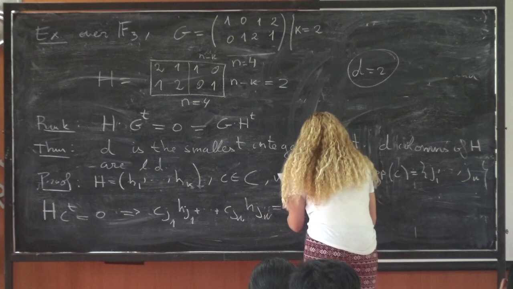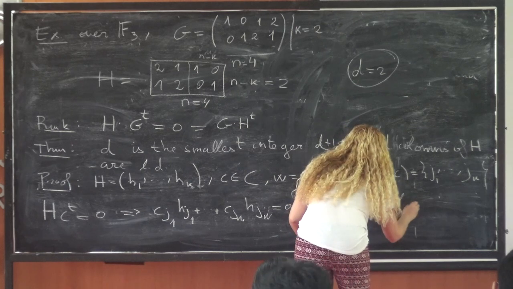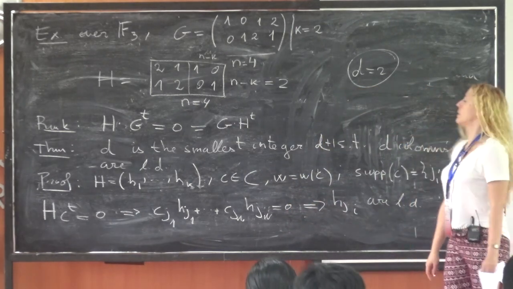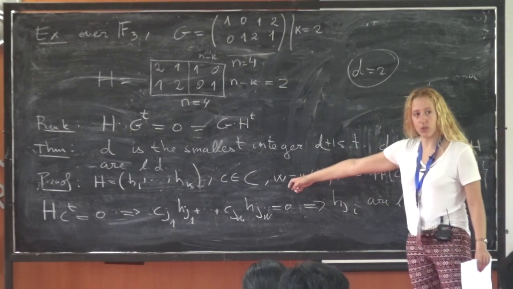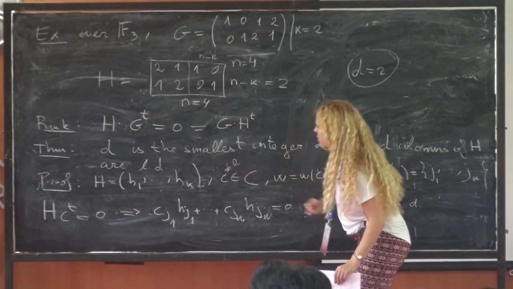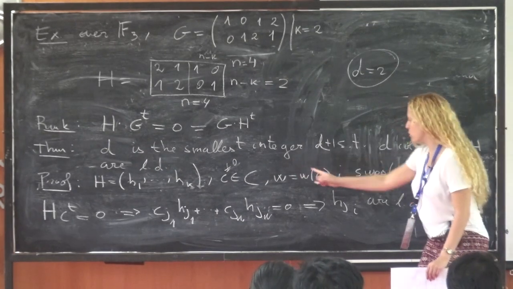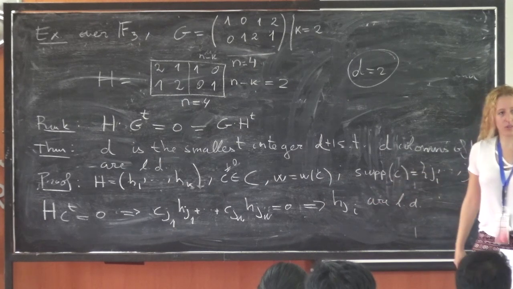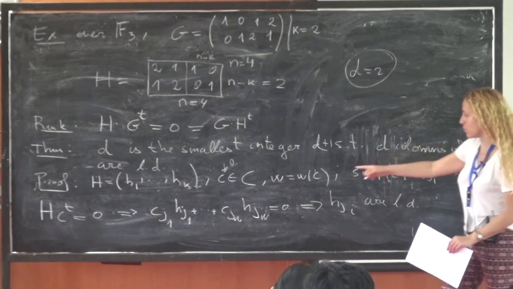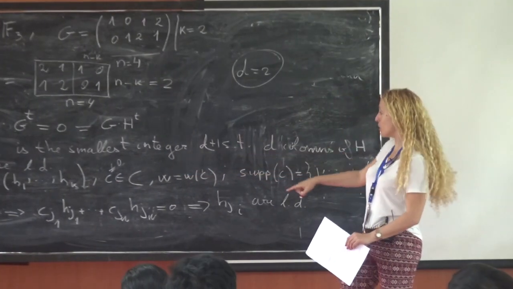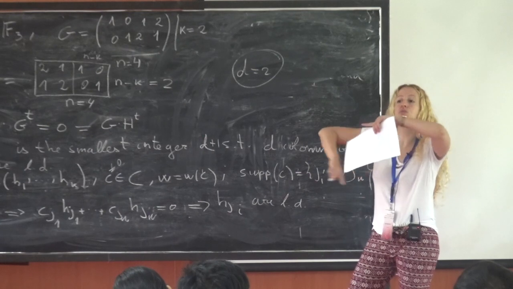Then these guys are linearly dependent. So what does this imply? This implies that if I have an element of weight w, different from 0, of course, then I can find w linearly dependent columns. So this implies that the minimum weight is smaller or equal than this number of linearly dependent columns. Okay? So now we have to prove the reverse.